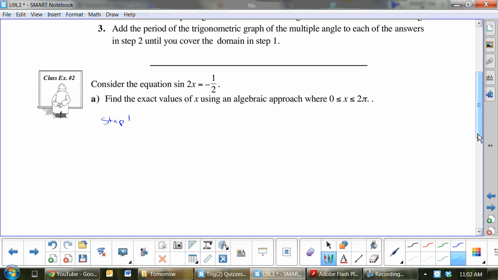Or what do we know how to find on our unit circle? We know how to find sine x, right? So we solve for sine x equals negative a half. Why? Because we have the unit circle.